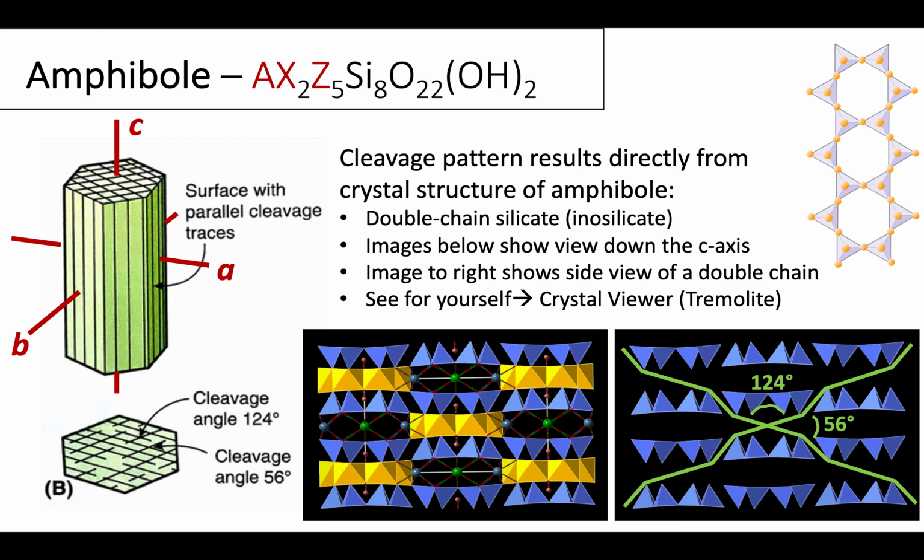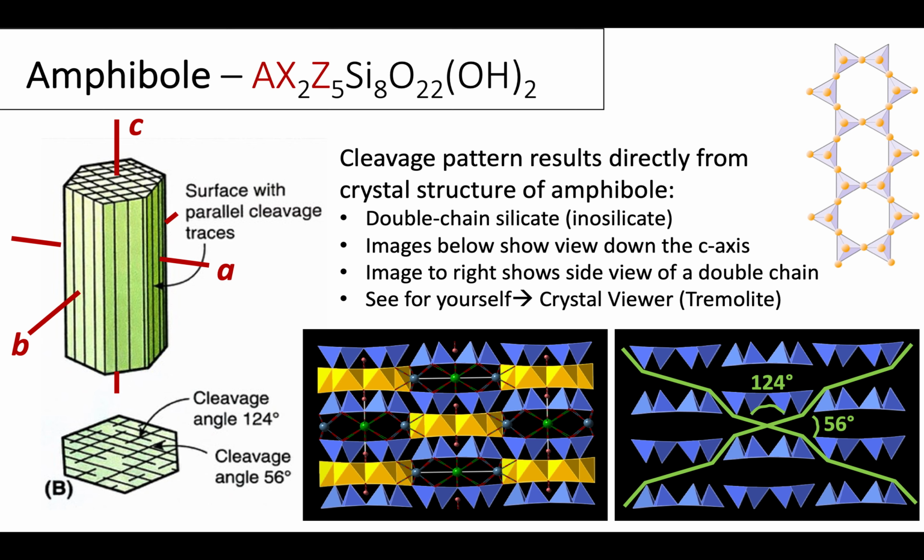So you can imagine, kind of built into this structure, the single chain of the pyroxene here, and then a second single chain here that are connected via these 1, 2, 3, 4 vertices. So we have 2 chains that we're connecting together to form a double chain.